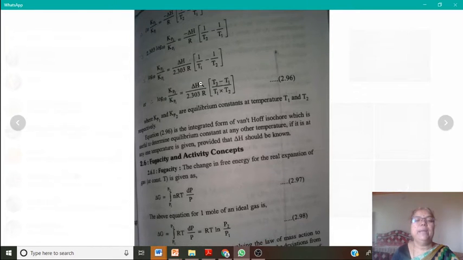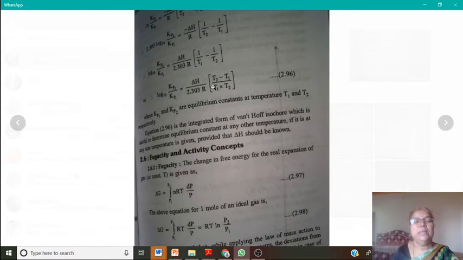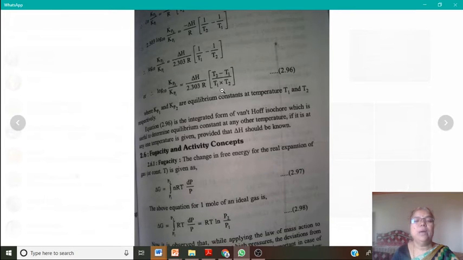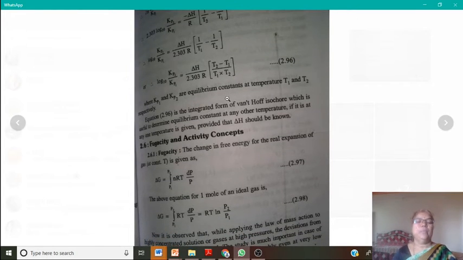This factor 1/T1 minus 1/T2 equals (T2 minus T1) upon T1 T2, where Kp1 and Kp2 are equilibrium constants at temperatures T1 and T2 respectively. This equation is the integrated form of the van't Hoff isochore, which is useful to determine the equilibrium constant at any other temperature if it is given at one temperature, provided that ΔH is known.